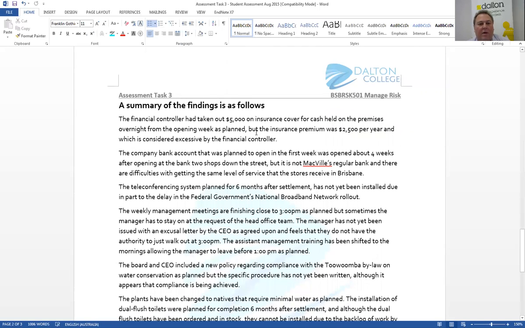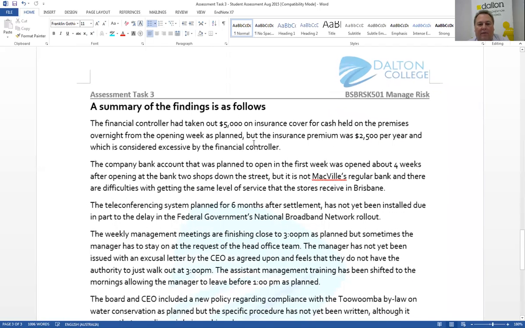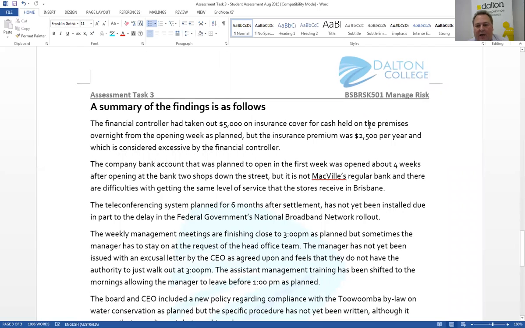So the financial controller had taken out $5,000 on insurance cover for cash held on premises overnight from the opening week as planned, but the insurance premium was $2,500 per year, which is considered excessive by a financial controller. So remember that I just read that out before in my table.